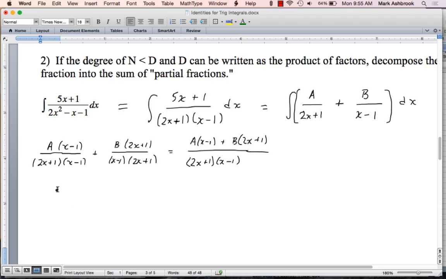So a times x minus 1 plus b times 2x plus 1 is equal to 5x plus 1. We're just setting the numerators equal because we have our common denominator.